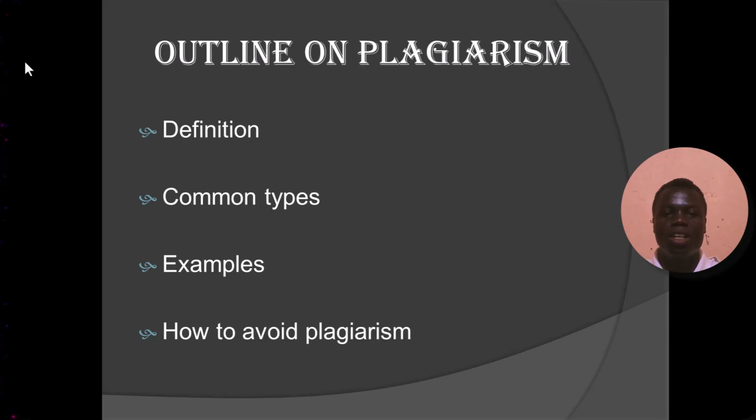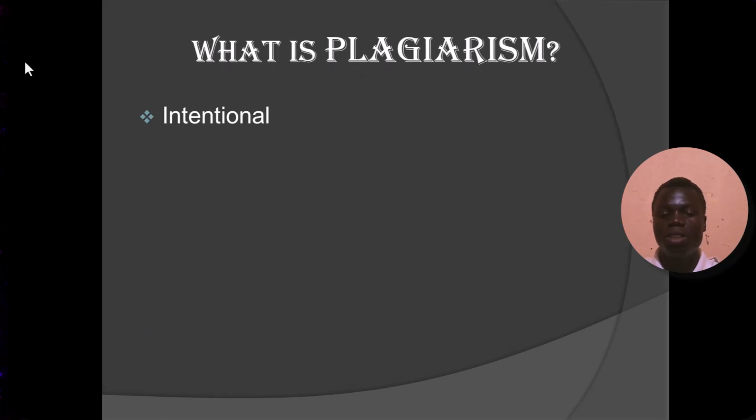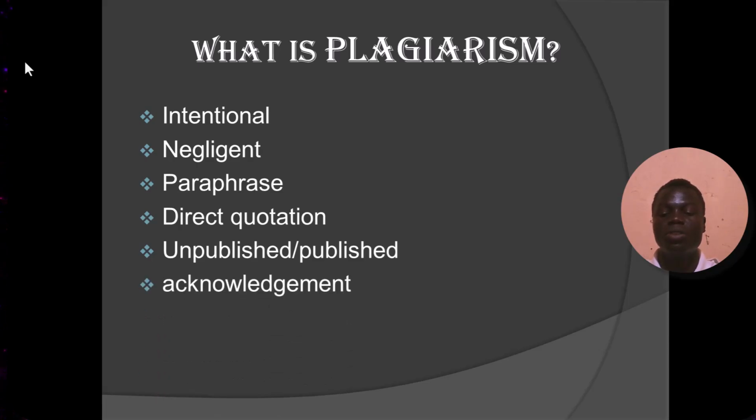Let us go to the definition of what plagiarism is. Plagiarism is the intentional or negligent use, by paraphrase or direct quotation, of the published or unpublished work of another person without full and clear acknowledgement, in such scholarly works or essays.